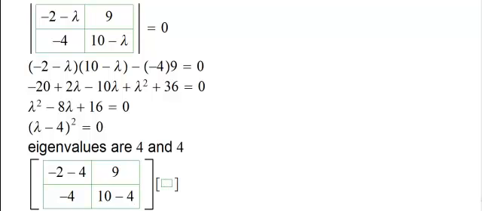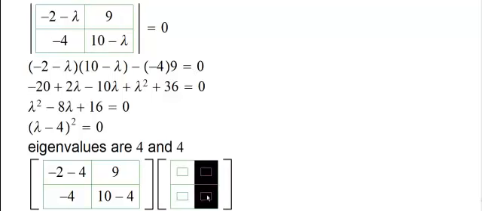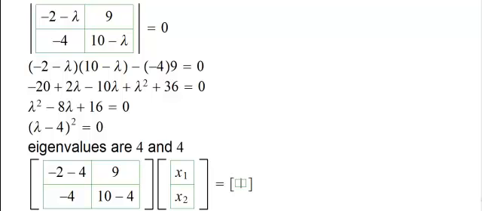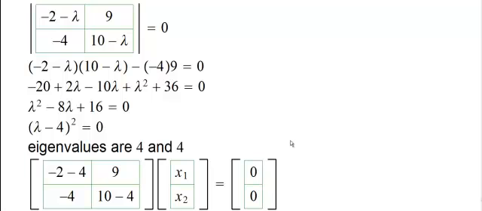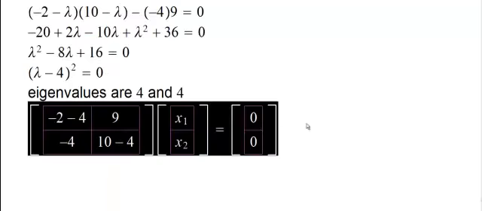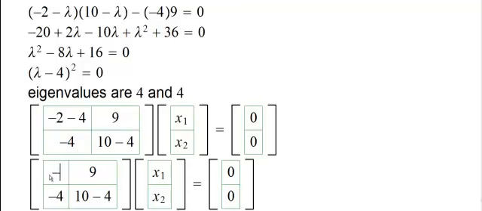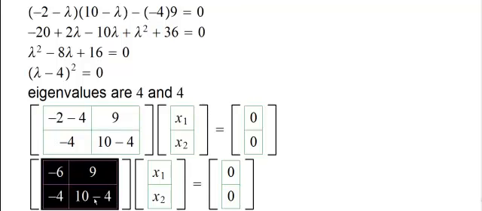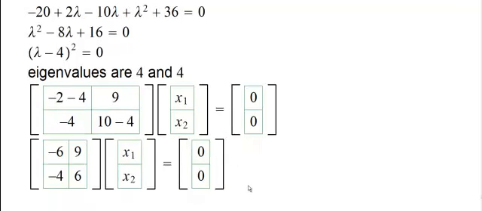And we put x1, x2 equals 0, 0, right? Everybody fine? So we have negative 6, and here we got 6, right? Are we good?